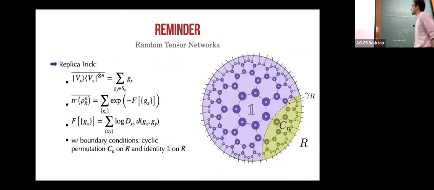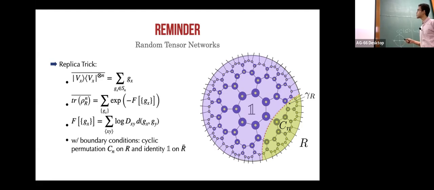Okay, good. Fine. So, a reminder of what you learned yesterday about random tensor networks. What we did was pick vertices which were Haar random states, and pick many copies of them to do the replica trick. The advantage of Haar random states was that when you average over them, you get a sum over permutations which live in the symmetric group on n elements. Suppose we were computing the entropy, so we're computing trace rho to the n. There's a replica trick way of computing this.